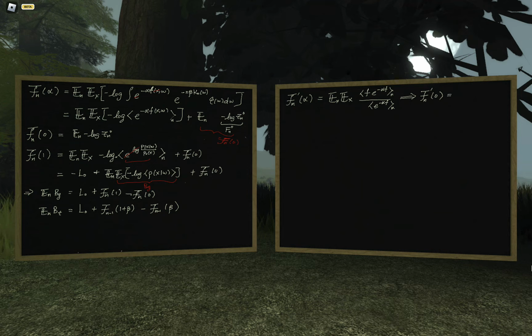What you get is... and quickly, the second derivative: use the product rule or the quotient rule.